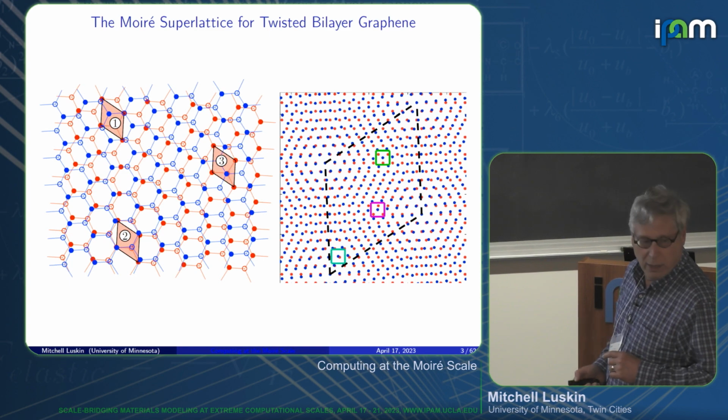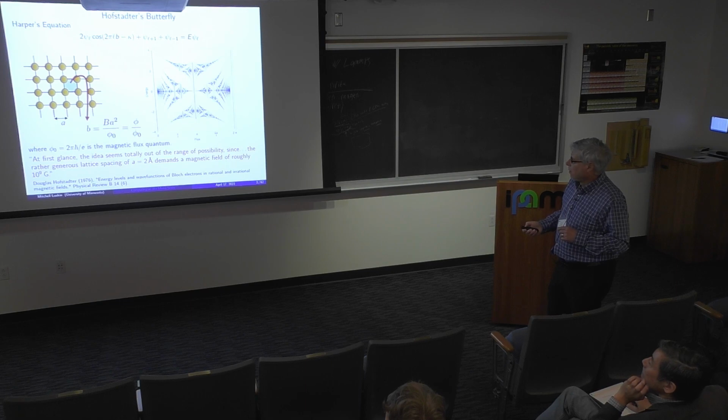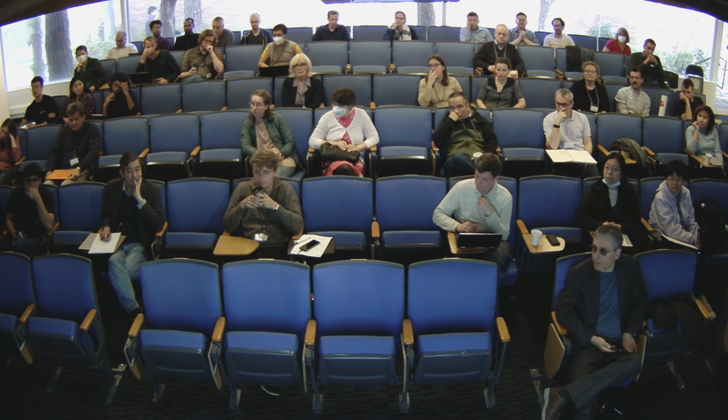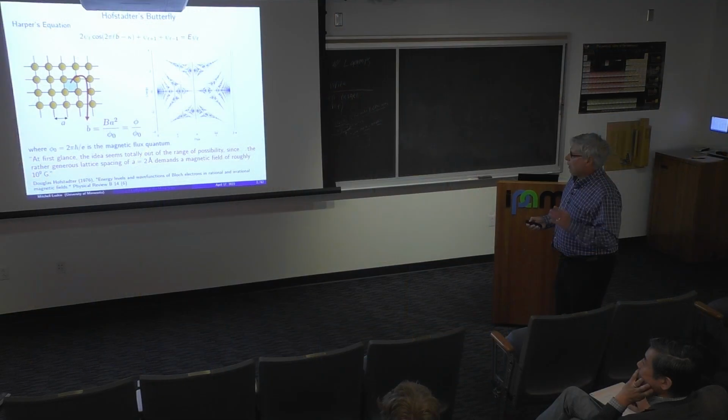Okay, now... Sorry, demands for what? It's not clear. Say it again? It demands for what? Okay, so basically, this is a spectrum, eigenvalues of a Schrodinger equation. And this is a dimensionless flux. And so A is a physical lattice spacing, say 2 angstroms, okay?